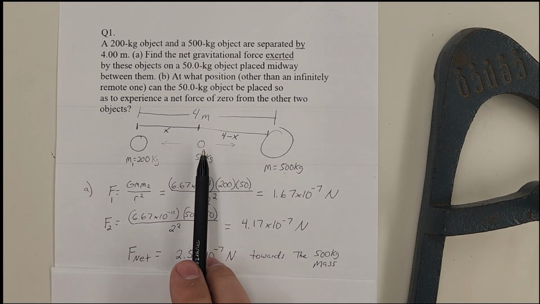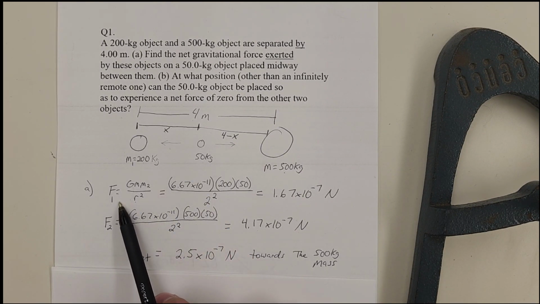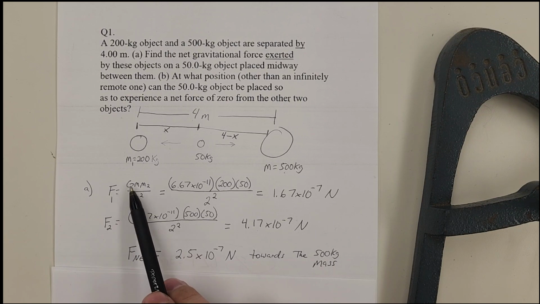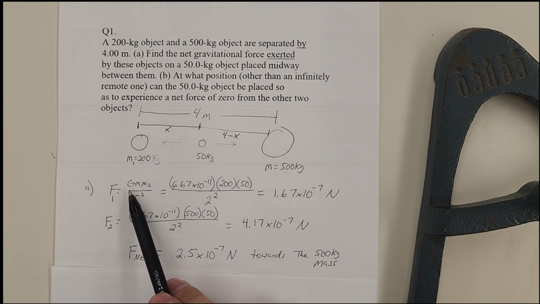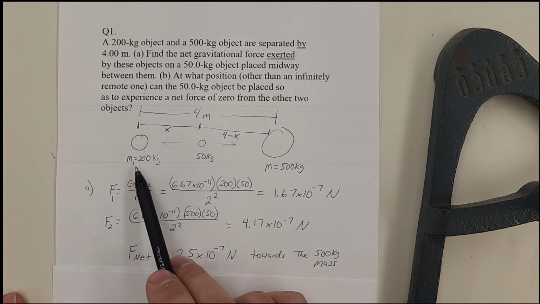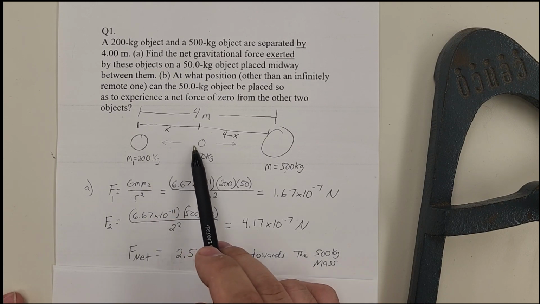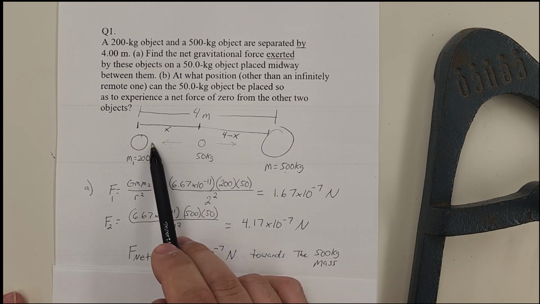For this, we're looking for gravitational force. We'll use our gravitational force equation, the new one that we have for this chapter, where we have G, Newton's gravitational constant, 6.67 times 10 to the negative 11th. We need 2 masses, and here we have 3, so we'll have to break this down. The first mass will want to pull that 50 kilogram object towards it.